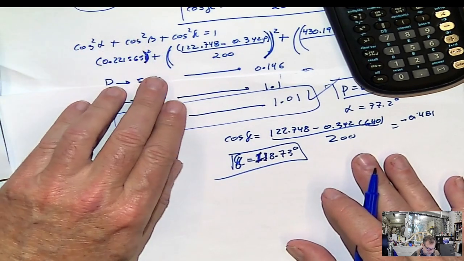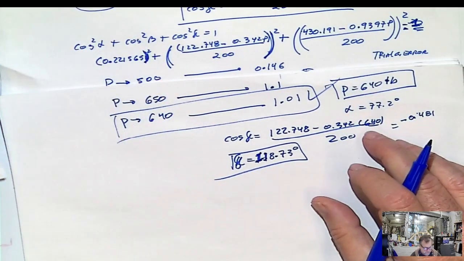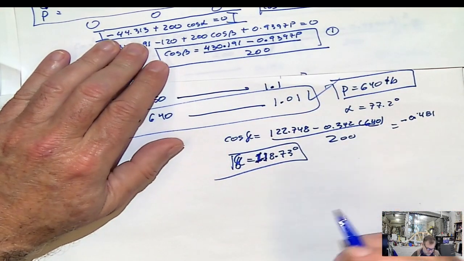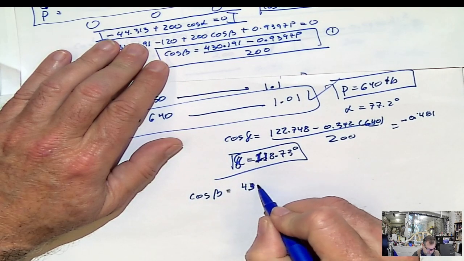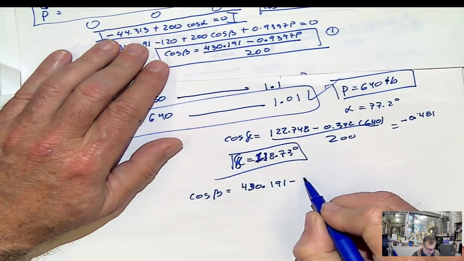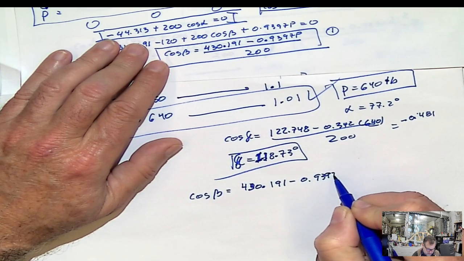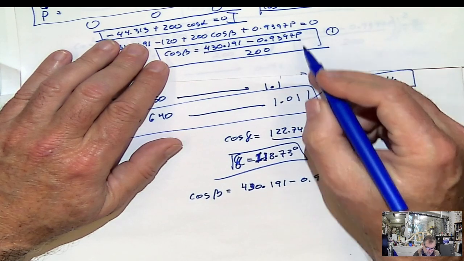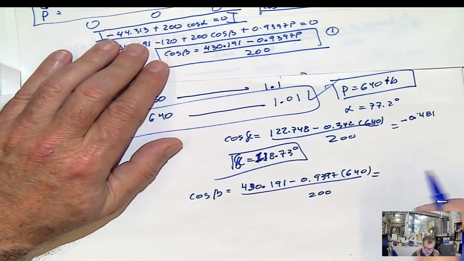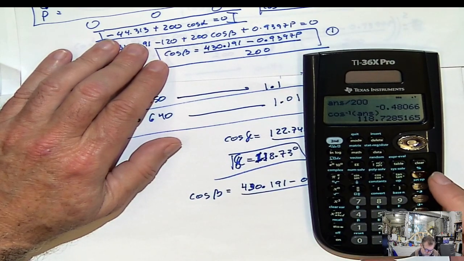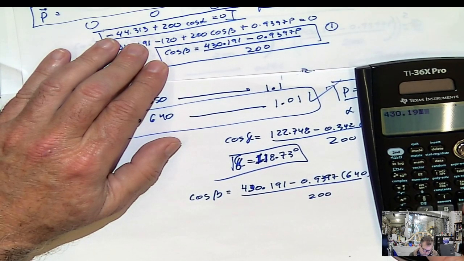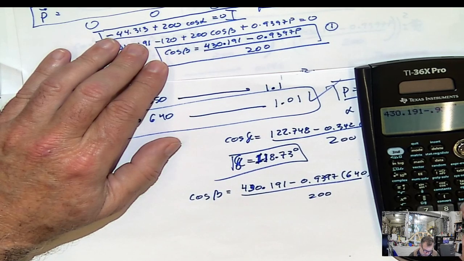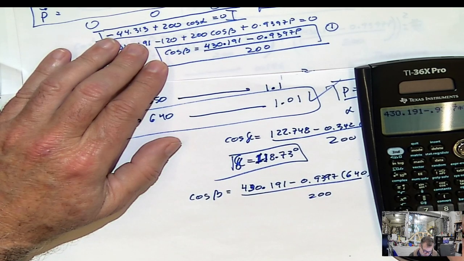And then we need also cosine beta. Cosine beta was on this page here. Cosine beta equals 430.191 minus 0.9397 times 640, because that's the value for P, divided by 200.